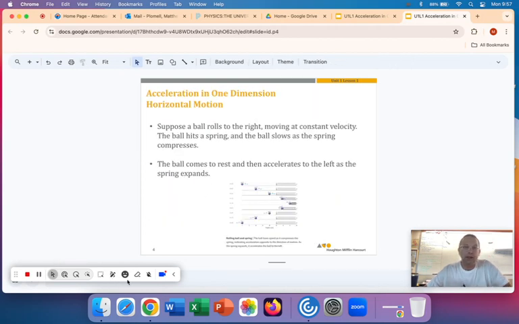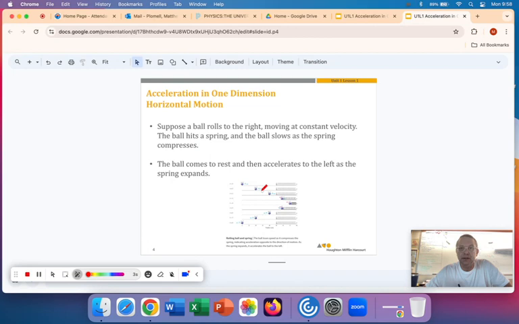When we analyze horizontal motion, think about changes. Suppose the ball is rolling to the right at a constant velocity. So we can see the spaces here between each time interval are the same magnitude.